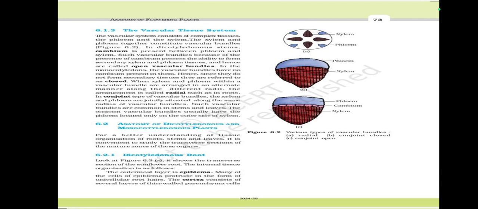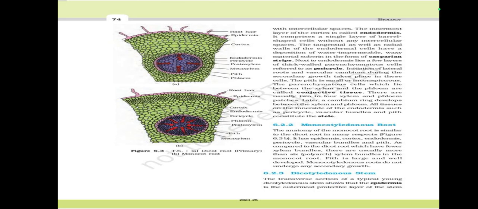The outermost layer is epiblema. Many of the cells of epiblema protrude in the form of unicellular root hairs. The cortex consists of several layers of thin-walled parenchyma cells with intercellular spaces. The innermost layer of the cortex is called the endodermis.